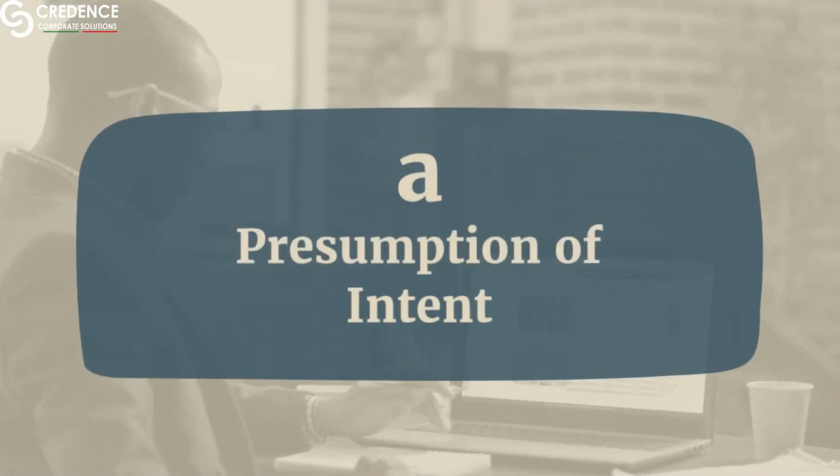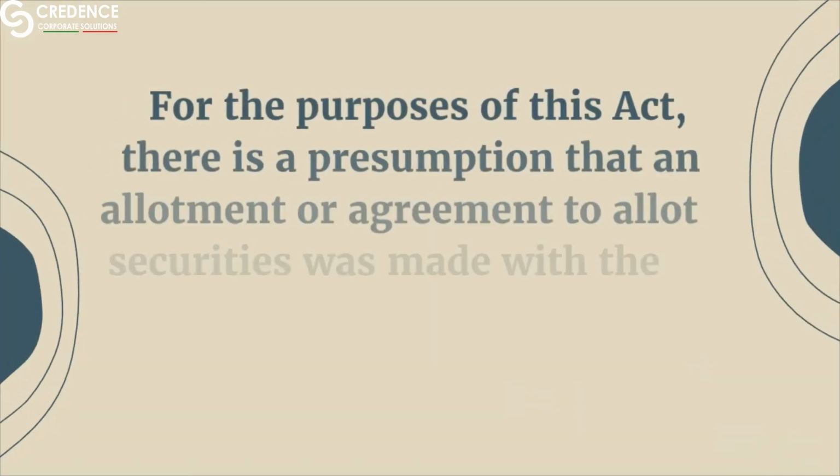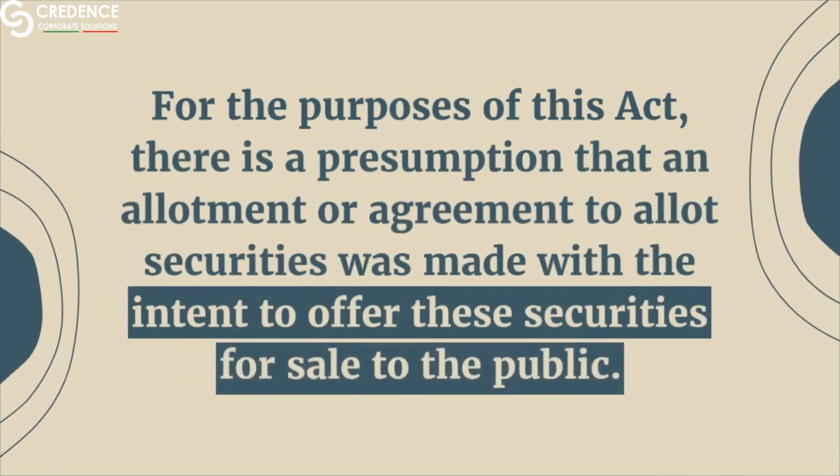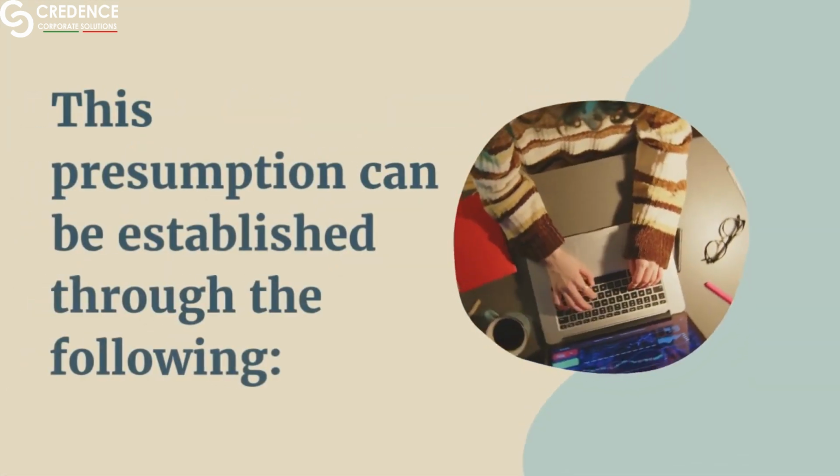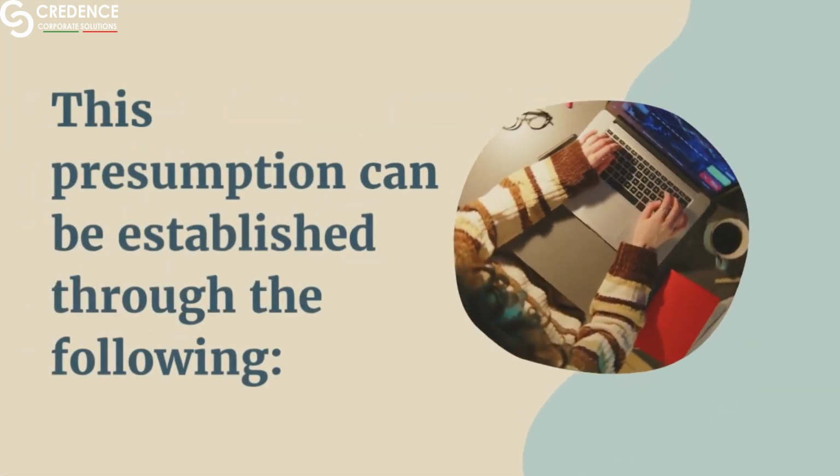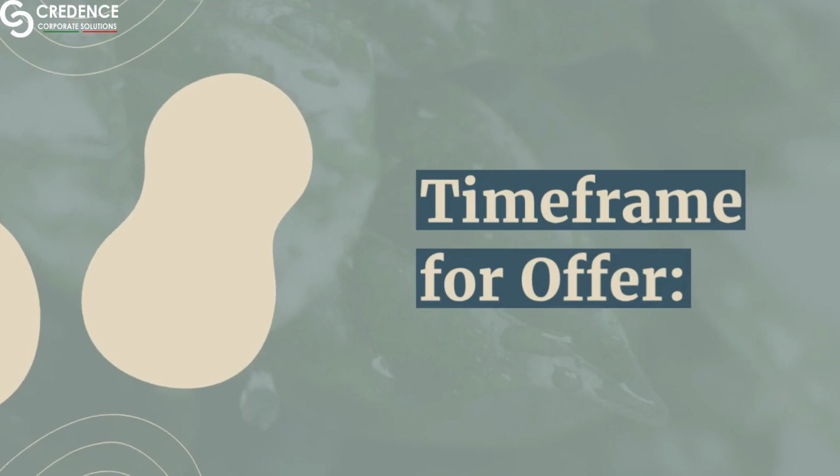A. Presumption of intent. For the purposes of this Act, there is a presumption that an allotment or agreement to allot securities was made with the intent to offer these securities for sale to the public. This presumption can be established through the following. Time frame for offer.